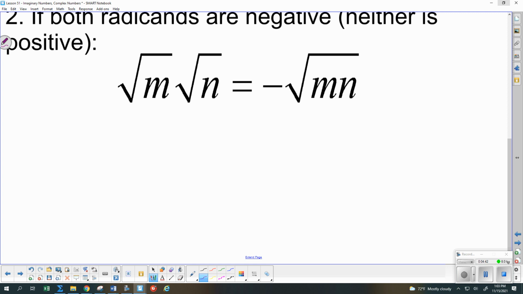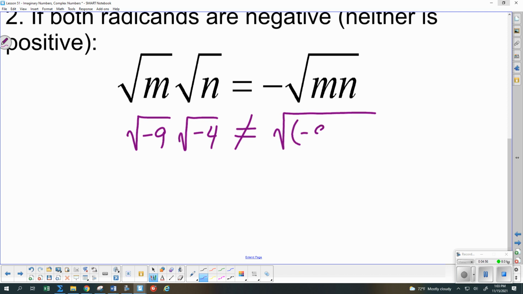Let's suppose I had something like the square root of -9 times the square root of -4. I am tempted, but it does not work, if I say that's going to be the square root of -9 times -4, which is the square root of positive 36. Do I have any kind of a plus or minus sign in front of that square root?